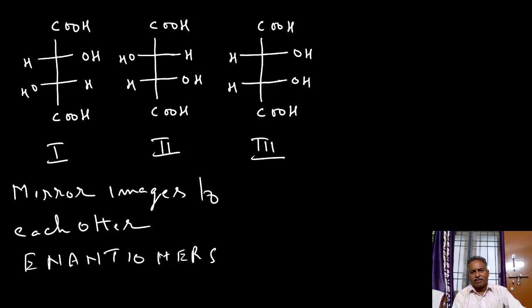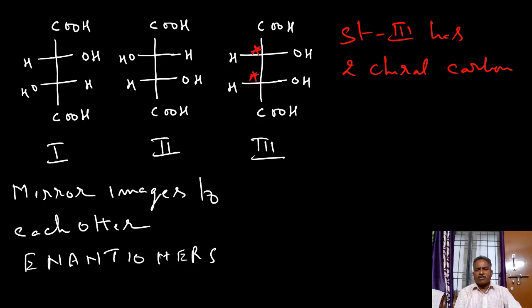Why is it optically inactive? See here, tartaric acid has 2 chiral carbons, C2 and C3. So structure 3 has 2 chiral carbons. Though 2 chiral carbons are there, still it is optically inactive. What is the reason?